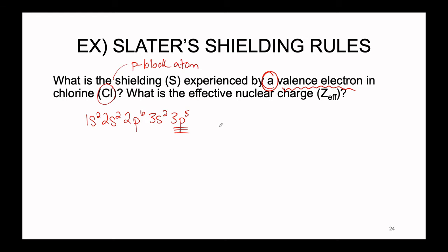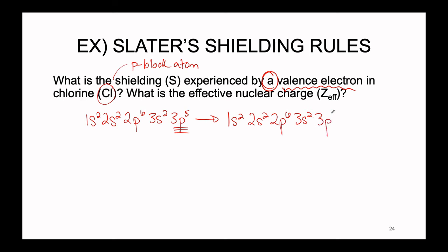So what we're going to do is rewrite this 3p5 in another way. It's going to help us pick out which electrons contribute to that capital S when calculating our shielding factor. So I'm going to rewrite our electron configuration. Everything on the inside stays the same: 1s2, 2s2, 2p6, 3s2, and here's where the difference is. We're going to pick out one of these 5 electrons.